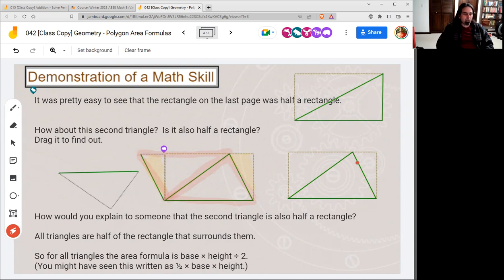So if you can put that into your own words, then you can show how any triangle is going to be half of the box around it. In other words, base times height, and then divided by 2 at the end. Or half of base times height.